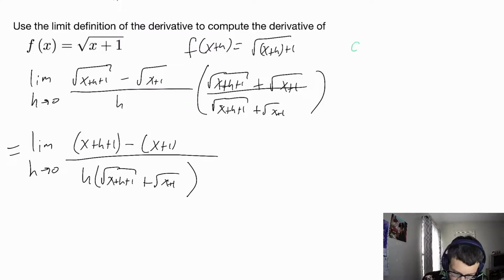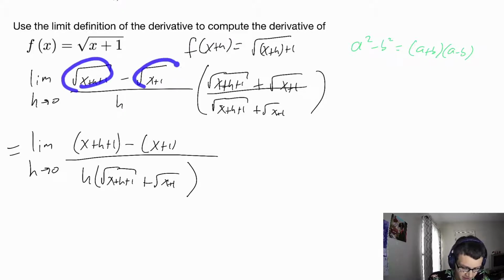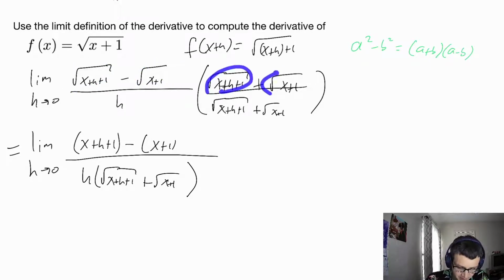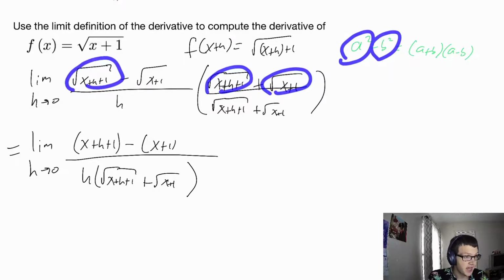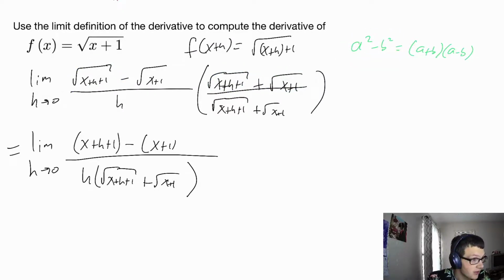Remember, the difference of squares is a squared minus b squared equals a plus b times a minus b. Here we have our a minus b. If we multiply it by a plus b, we get a squared minus b squared. So a squared is the square of the square root of x plus h plus 1, and we get x plus h plus 1 minus b squared. Our b here is the square root of x plus 1, so when we square that, we get x plus 1.